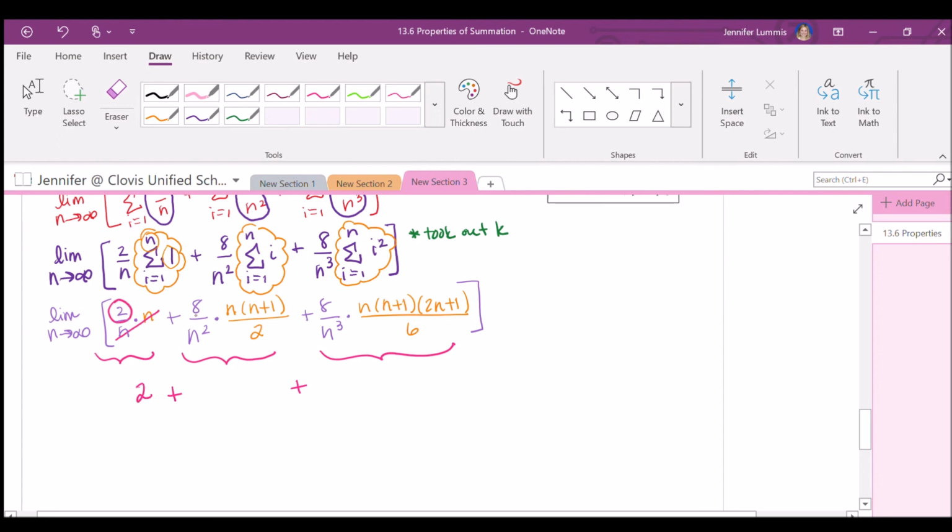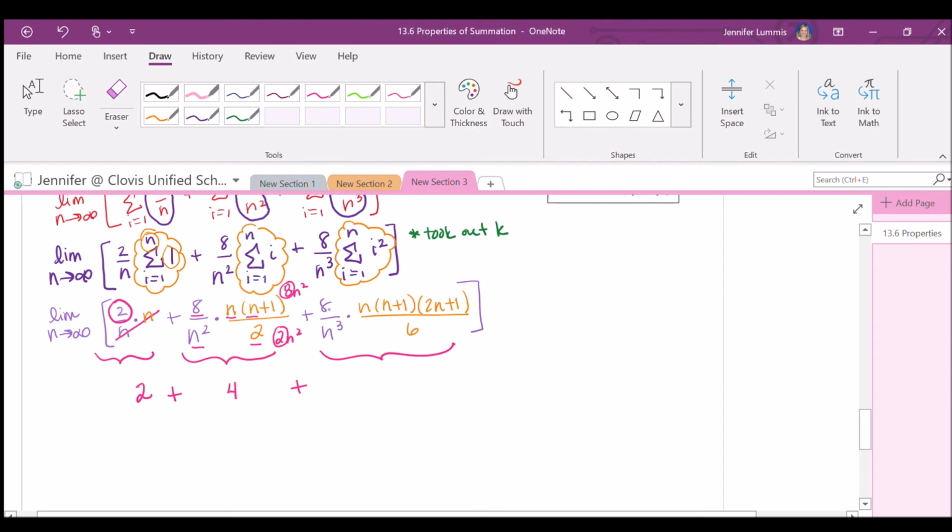Next up, we have 8n times n over n squared times 2. On the top, that's 8n squared, and on the bottom is 2n squared. So same highest power, we get the leading coefficients, 8 over 2, which is 4.